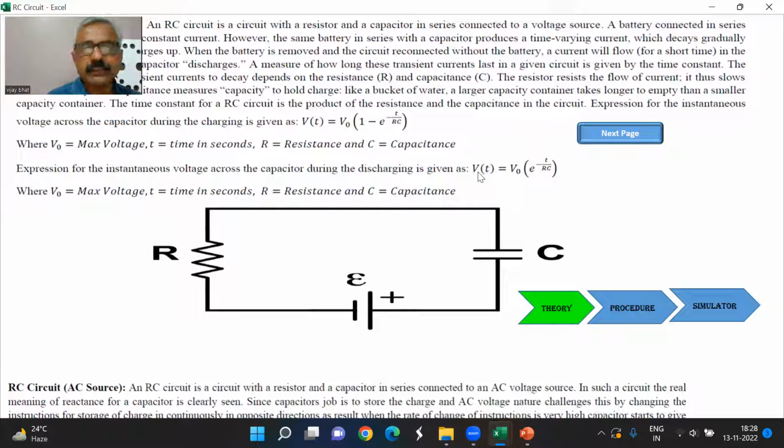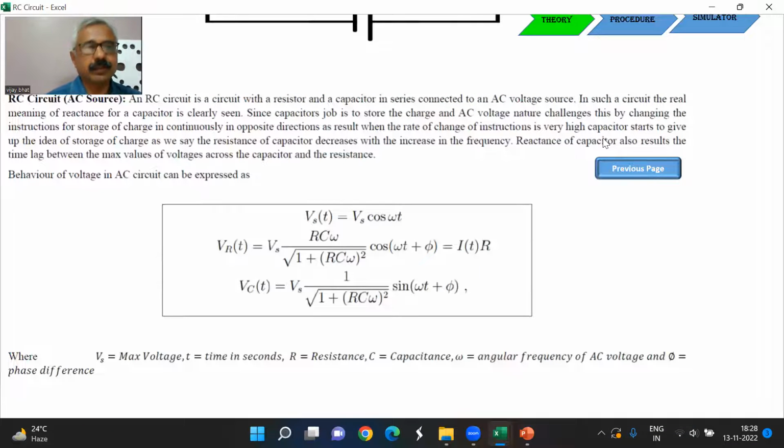And if we apply the AC circuit with the same RC combination, then what happens? The AC polarities are continuously changing, and the job of the capacitor is to store the charge. So the AC voltage is continuously changing its instruction of storage of charges to the capacitor from one direction to the other direction.